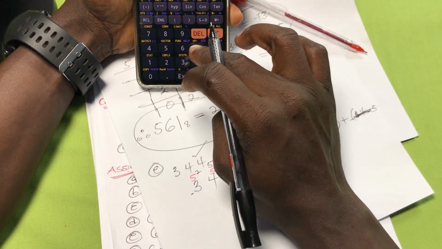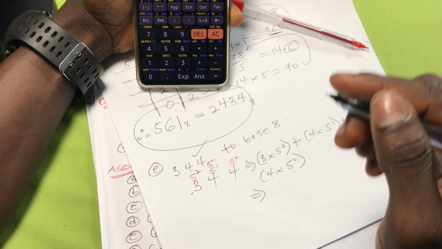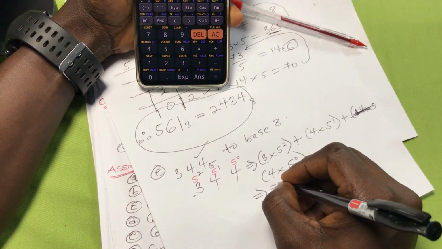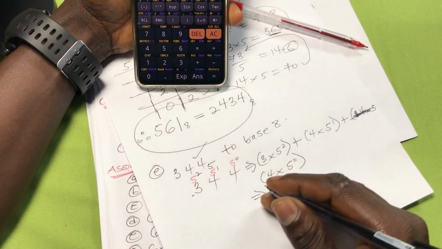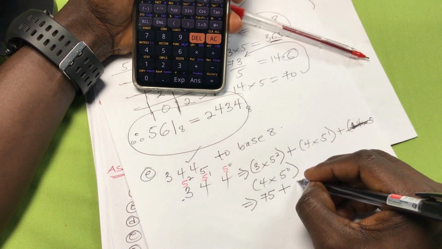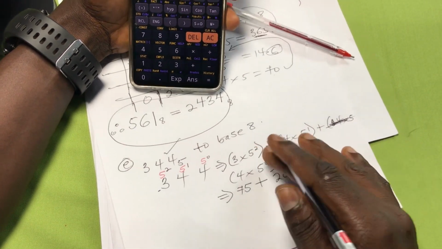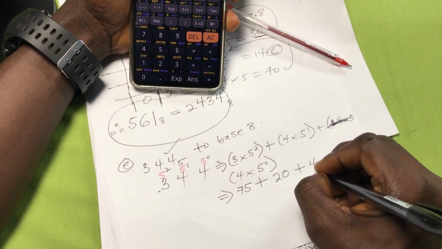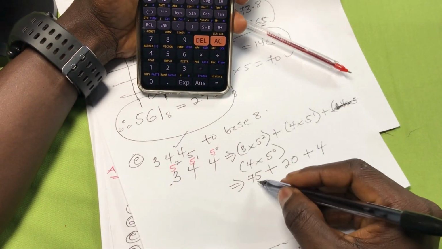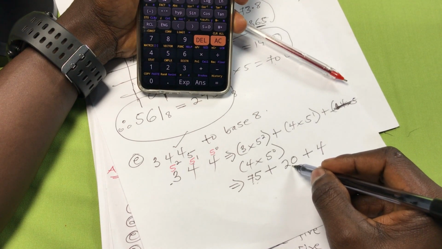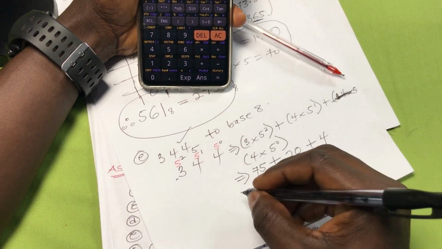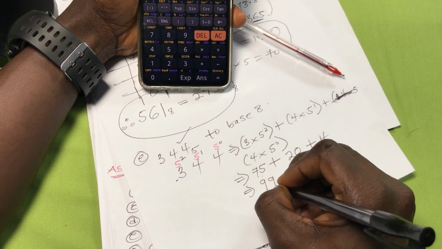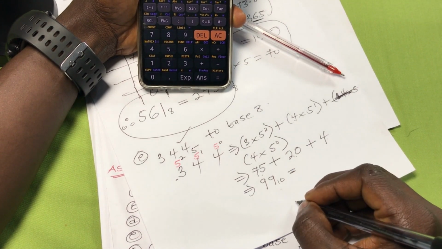Now, 3 times 5 power 2 will give us 75, plus 4 times 5 is 20, plus 5 power 0 is 1, and 1 times 4 is 4. So you can see 75 plus 20 is 95. Plus 4 is 99. So our result is 99 base 10.